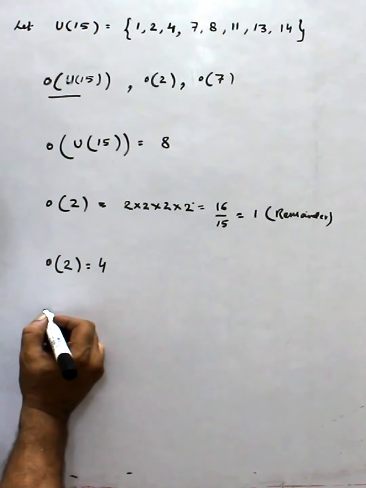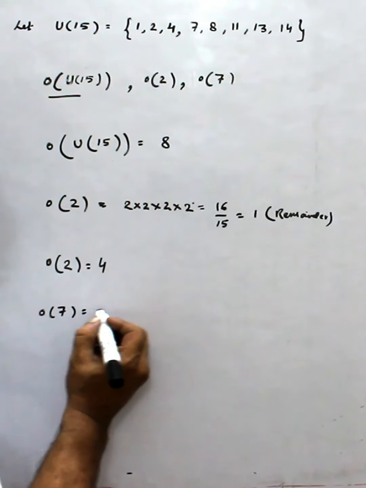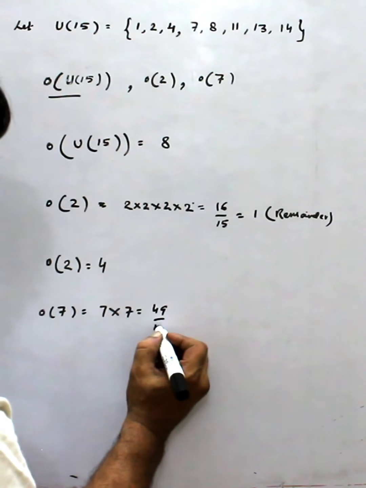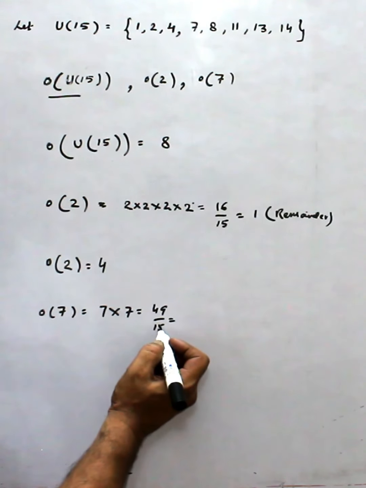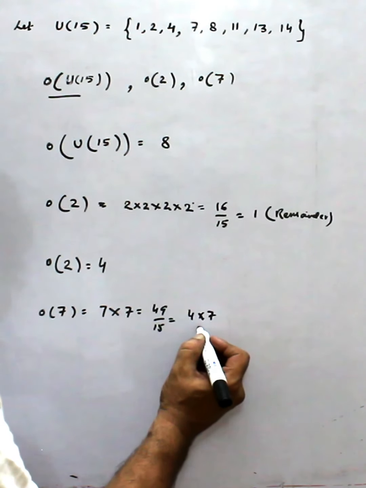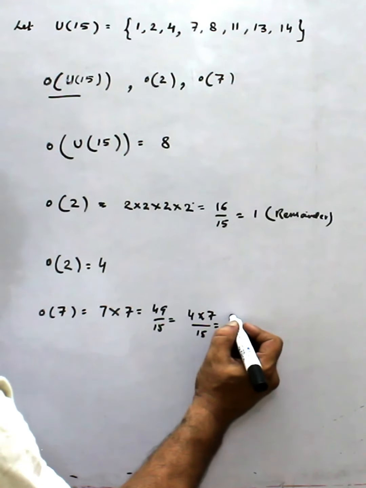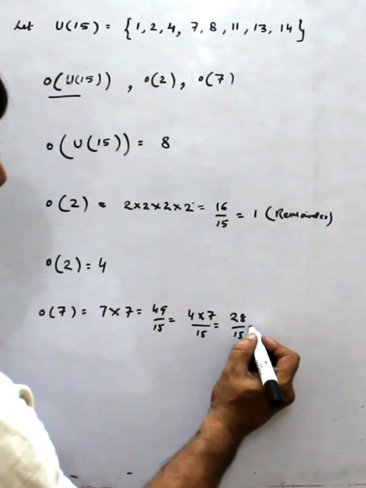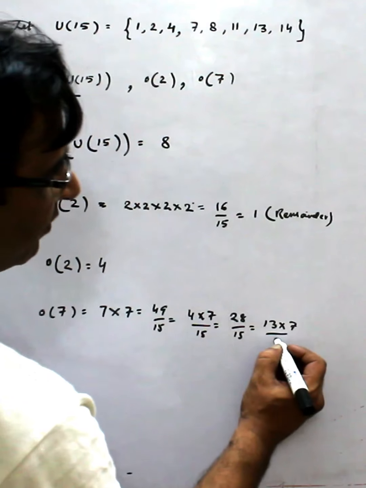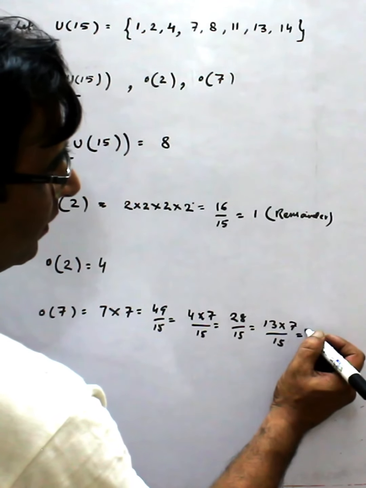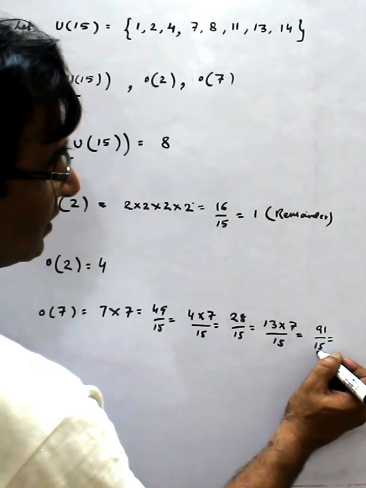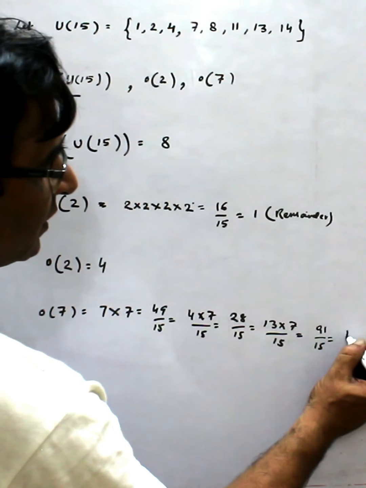Now the order of 7. Order of 7 means 7 into 7 divided by 15. This becomes 49, and I divide by 15, 15 into 3 is 45, that means the remainder is 4. Again I multiply by 7 and divide by 15, that is 28 by 15, this becomes 13. Again I multiply by 7 and divide by 15, then this becomes 91 divided by 15, 15 into 6 is 90, that becomes 1.